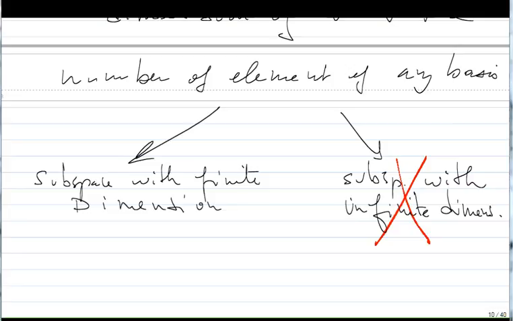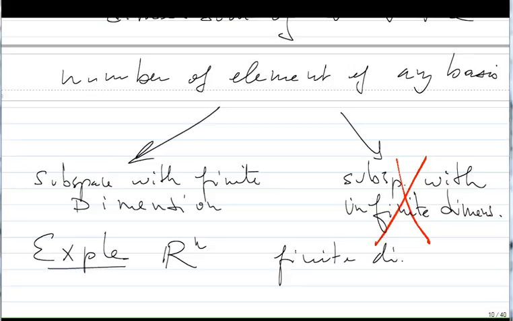For example, if you take R^n, then we have finite dimension only. All subspaces will have a finite dimension, and the dimension of R^n is n. Okay.